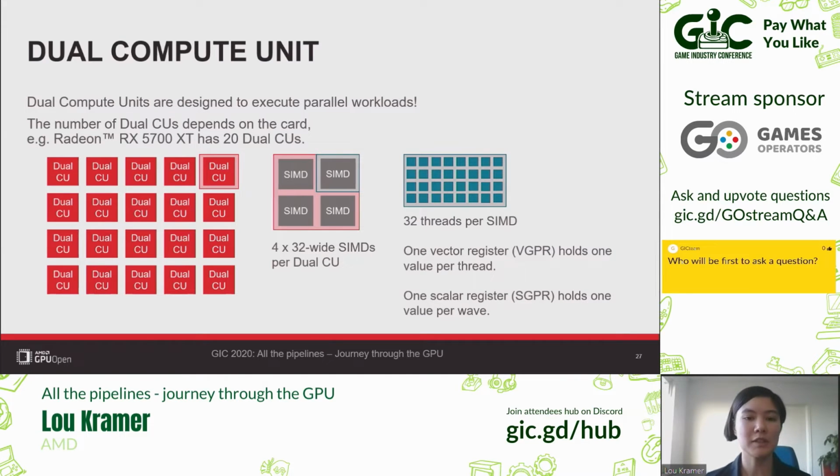So you have a bunch of these compute units, and each dual compute unit has 4 32-wide SIMDs. SIMD stands for single instruction, multiple data. So as I said, you have the same instruction for multiple data. In this specific case, we have multiple vertices that go through the same instructions. So in a SIMD, we have 32 threads.